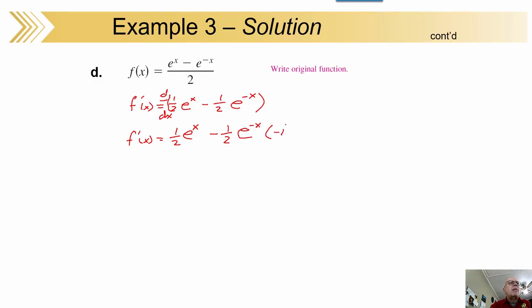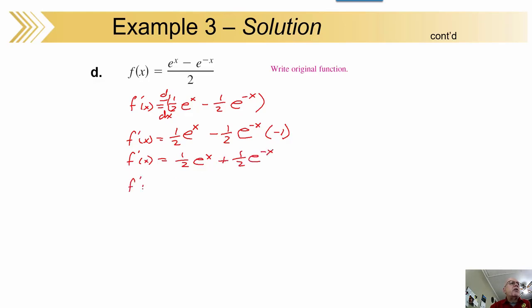And there's your minus 1. A little bit of a cleanup or simplification. 1/2 e to the x, and the minus and the minus cancel out, plus 1/2 e to the minus x.